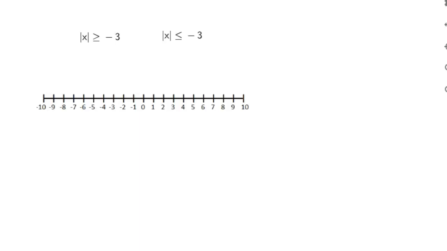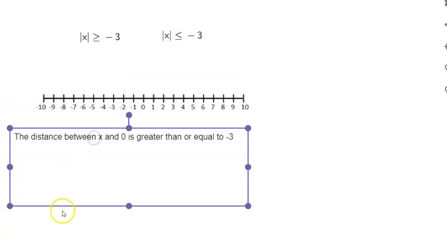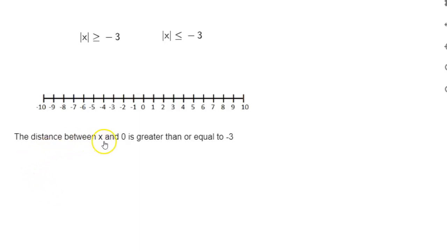And no talk about absolutes is complete until you talk about the absolute value being greater than a negative 3 and the absolute value being less than a negative 3. So if we use our definition again, here would be the left one. The distance between x and 0 is greater than negative 3.